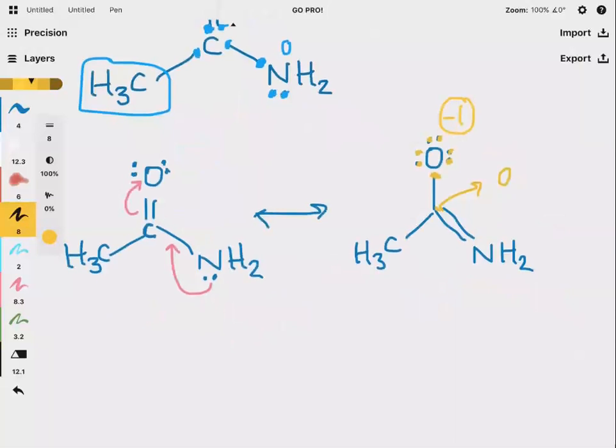What about nitrogen? Here, let me show you. So the extra electrons that we put on, I'll put them in pink. They were these right here, right? And let's make these green. And so that green is right here.